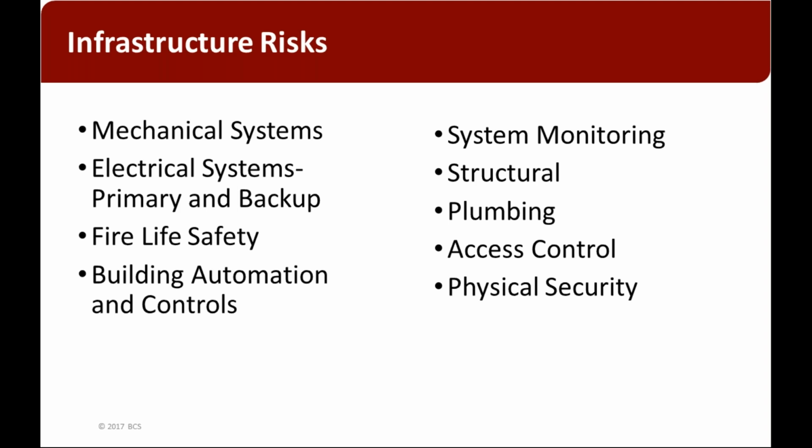We're also concerned about fire and life safety, so we don't burn the building to the ground, and there's constant infrastructure risks there, or we don't compromise our staff and occupants. Then we also have building automation. Our critical environments are becoming so complex that we can no longer manually manage that. So we have building automation and controls and design throughout the system when we're using more automation. We also need to be watching our systems, our applications, our availability, our network.